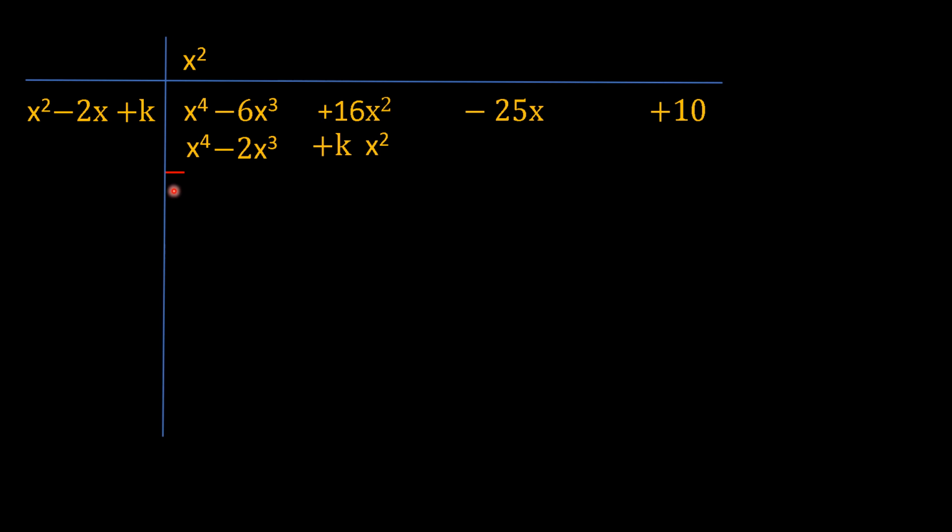After that we will change the signs. This plus becomes minus, this minus becomes plus, this plus becomes minus. x raised to 4 minus x raised to 4 becomes 0. Minus 6 plus 2 will be minus 4x cubed. Then 16 minus k times x squared.